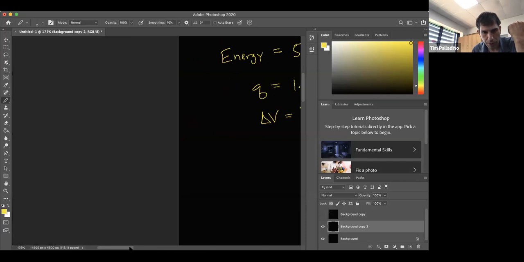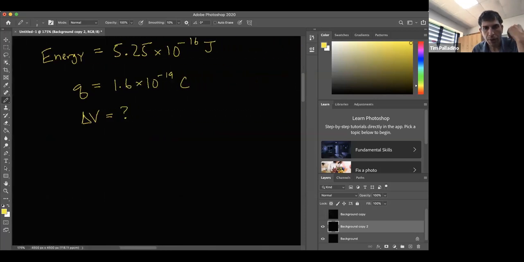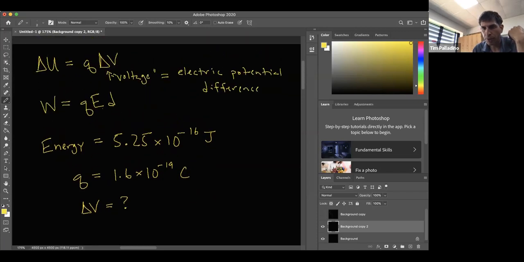When you're stuck, what I encourage you to do is write down the equations that you know, okay? So I know this equation and this equation relate energy and charge. This one right here relates energy, charge, and the electric field strength.